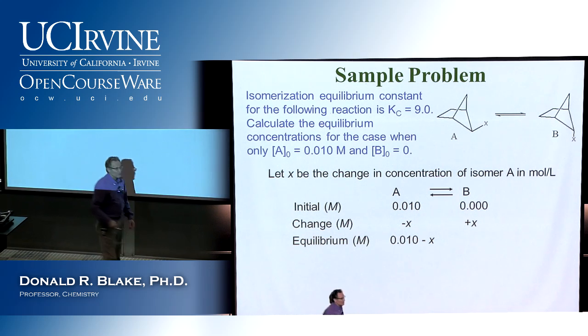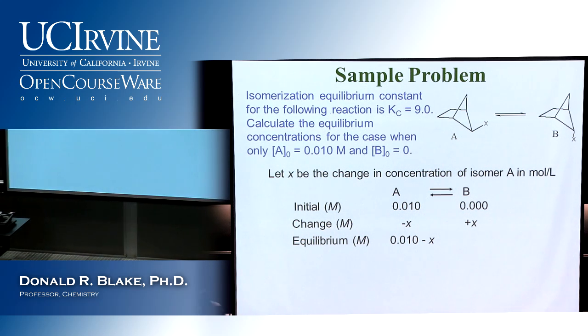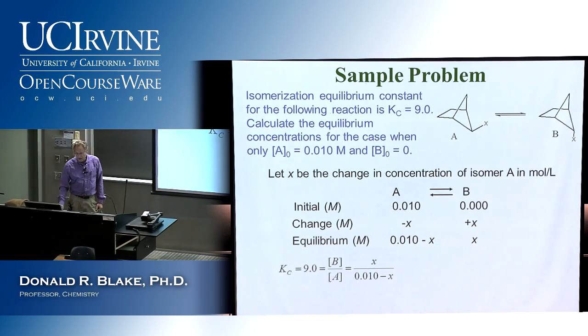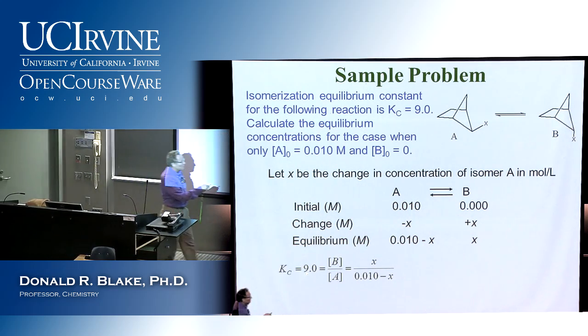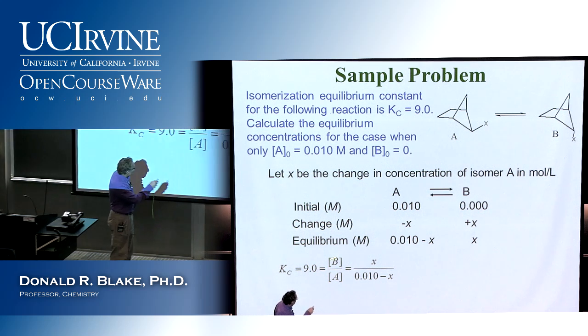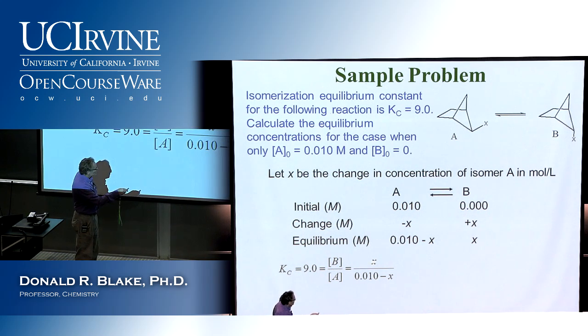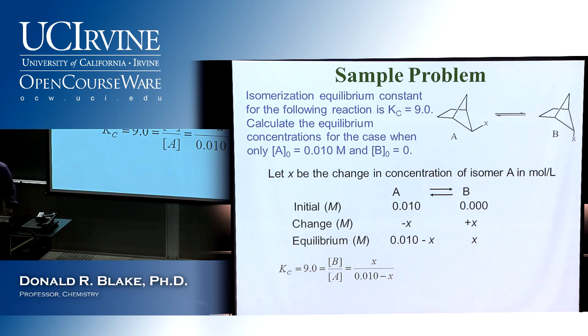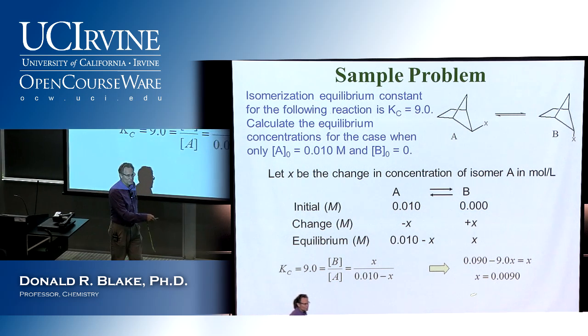And what is this going to be? Right. Okay. So you know what your K is, right? Look at that. K sub C was equal to 9. So the concentration of B is x. The concentration of A, we said, is this. You solve for x, and you get that x is equal to, as this guy said, 0.009.